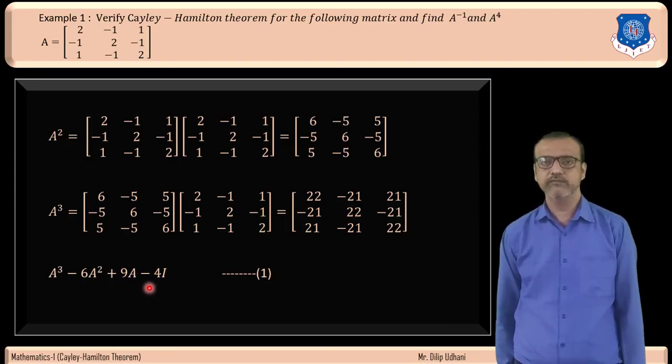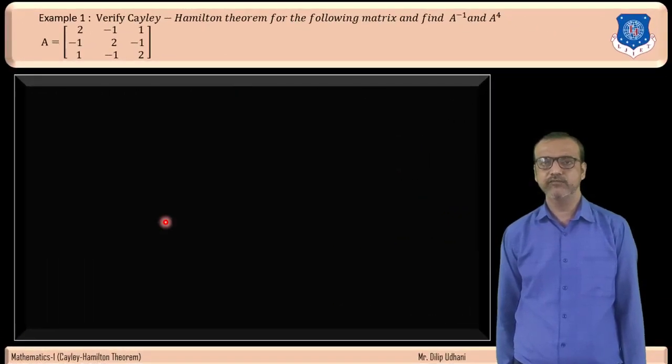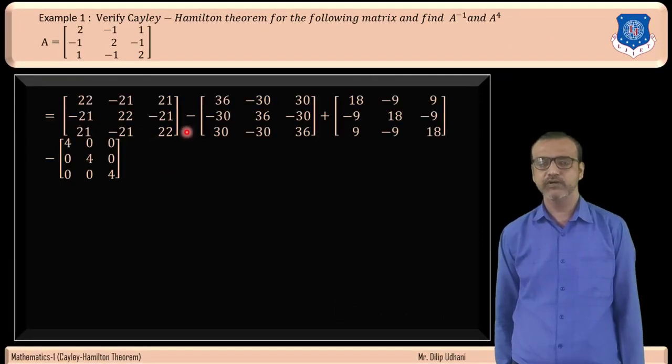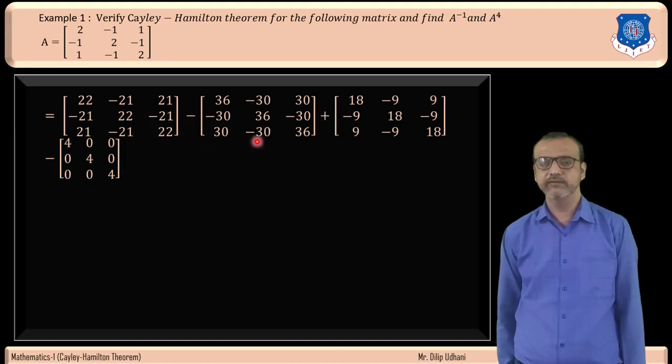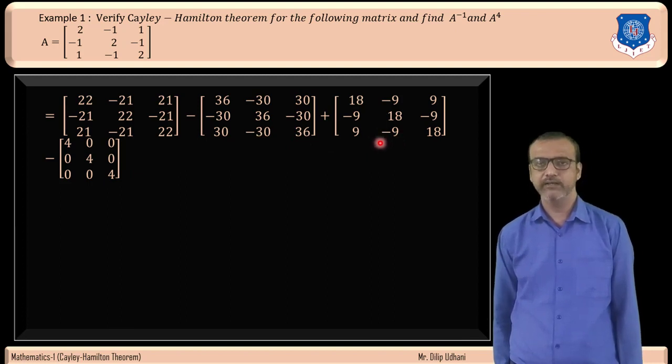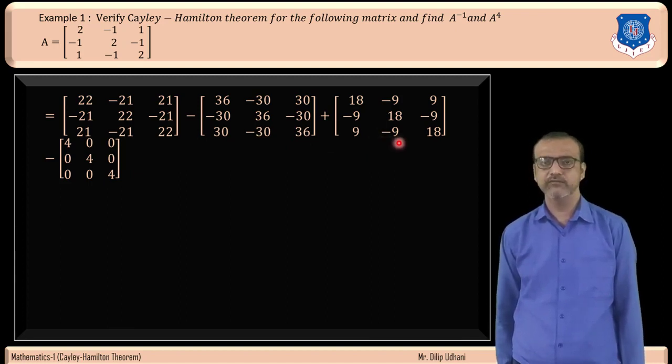The first matrix is A cube, the second is 6A square, which means we have multiplied A square by 6, the third is 9A, where we have multiplied matrix A by 9, and the last is 4I, where we have multiplied the matrix I by 4.